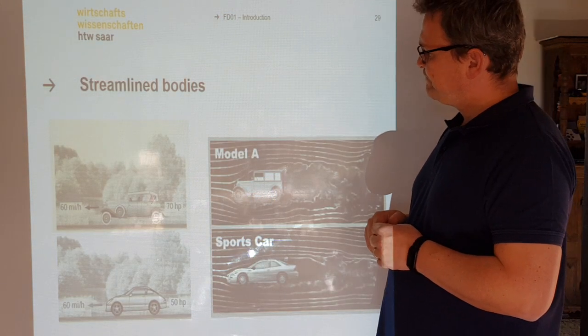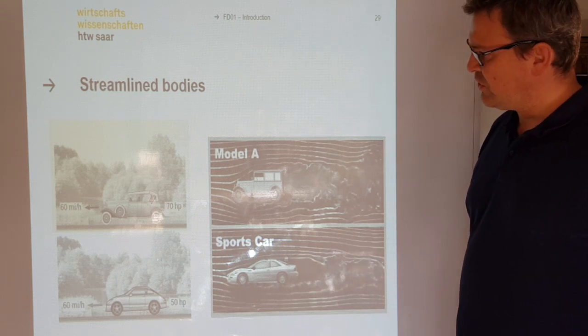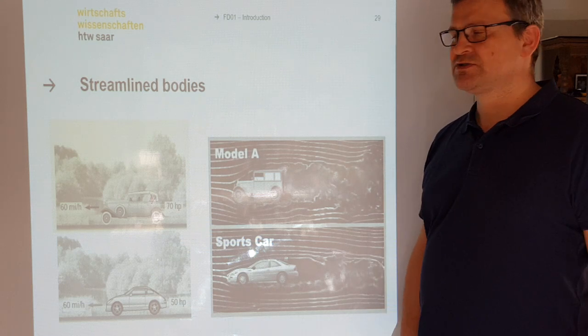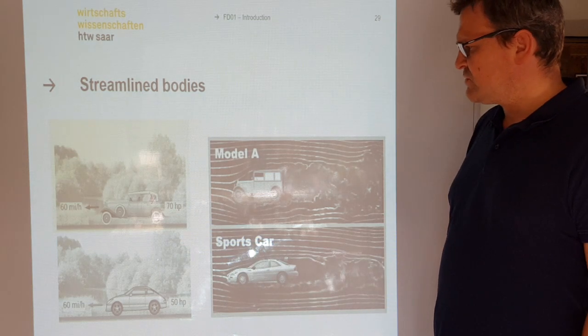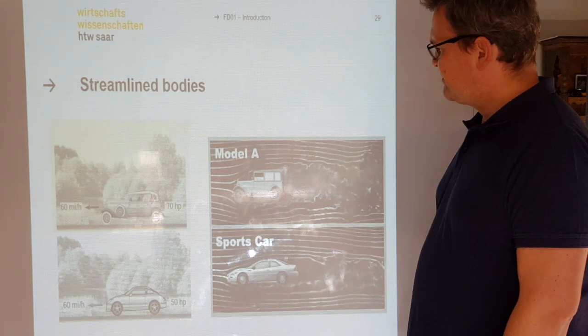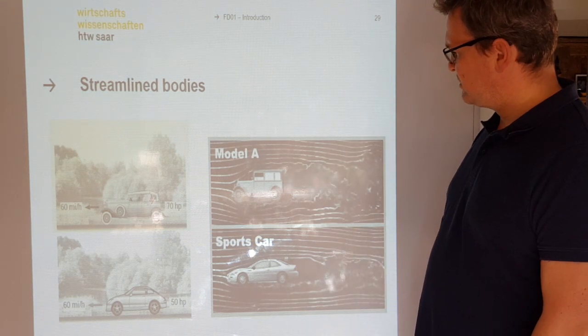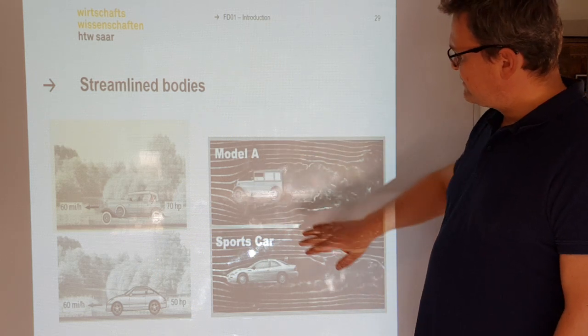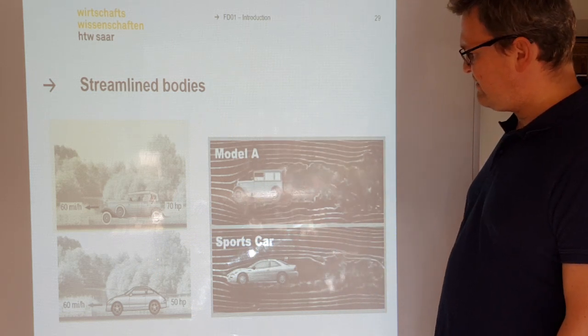And not only in the development of airplanes, fluid flow was really important. It was also really important in car development. Here you see an older car model, it has a geometry like a box, has a really bad fluid flow behavior.